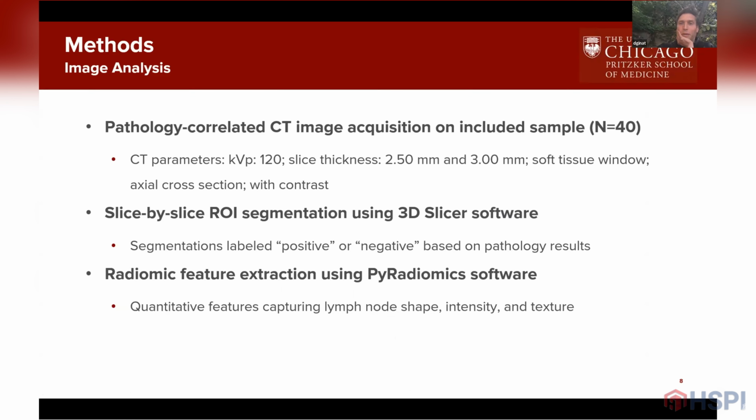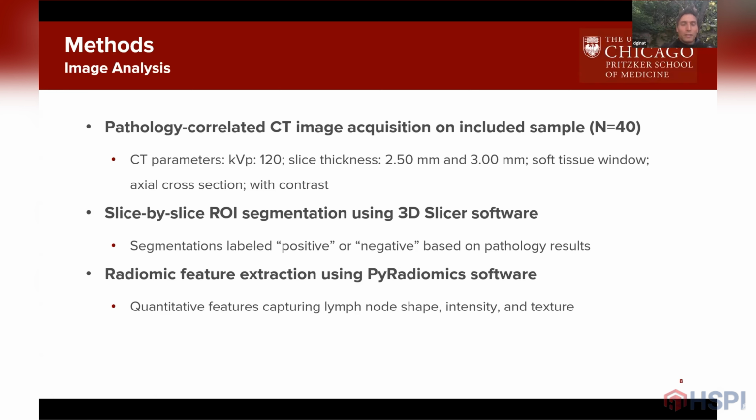So moving on. Once again, we analyzed 40 cases, and there were some slight variations in terms of the slice thickness of the images. I think that might depend on the particular scanner. Different manufacturers may have different protocols that are implemented. So that could be somewhat of a limitation. But anyway, we did manual slice by slice segmentation of the regions of interest using 3D Slicer.